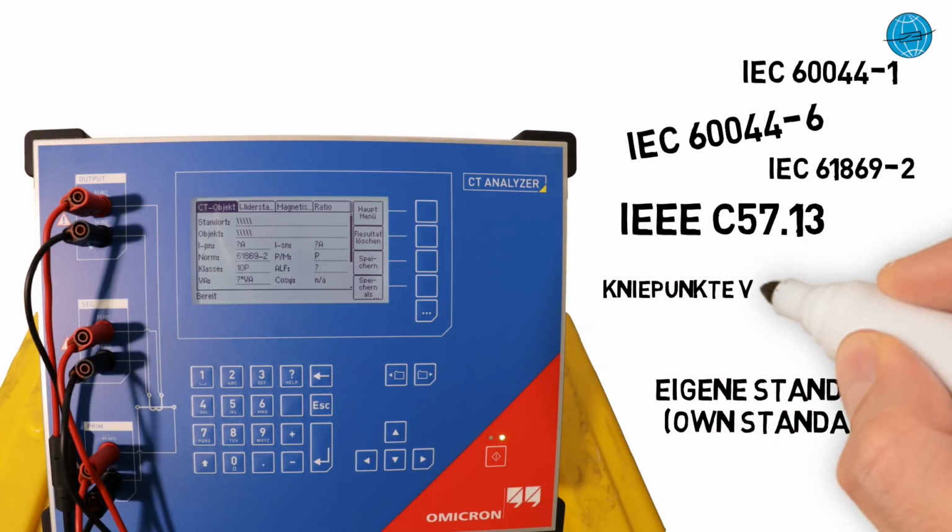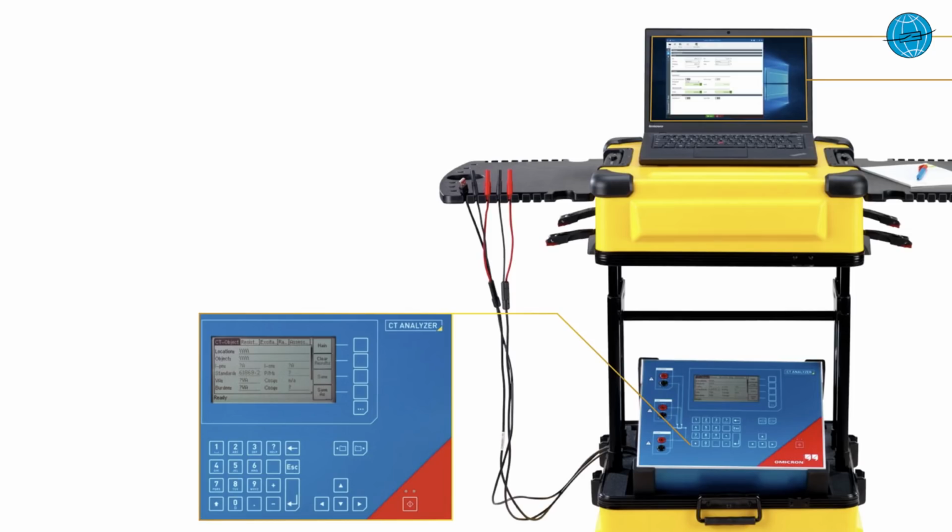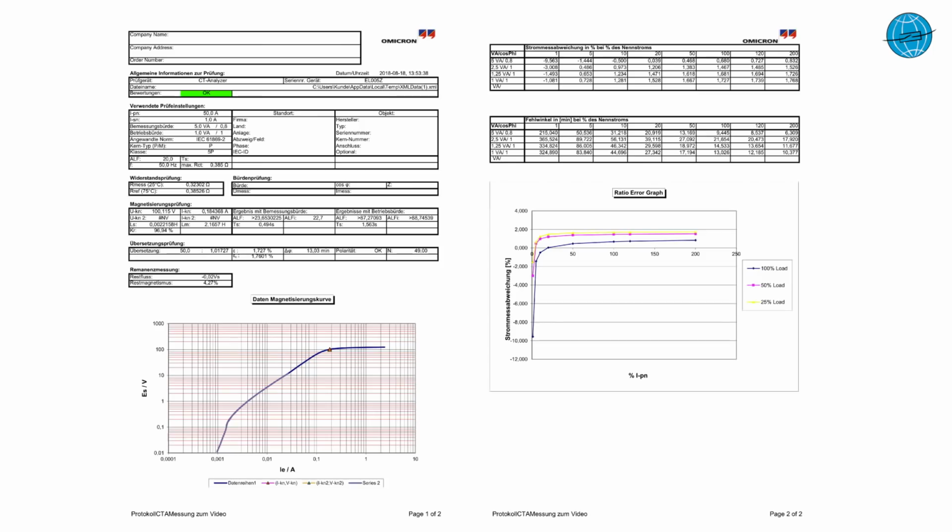The knee point voltage can be determined from 100 millivolts up to 40 kV. Once the test has been completed, the current transformer is demagnetized as standard by a test routine. All measurement results can be transferred to a laptop and automatic test reports are generated.